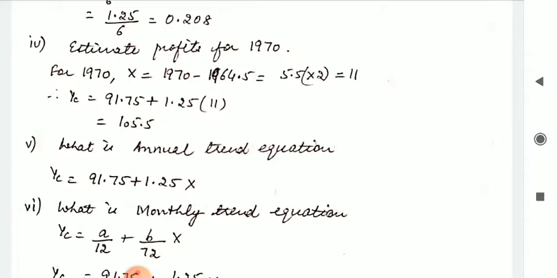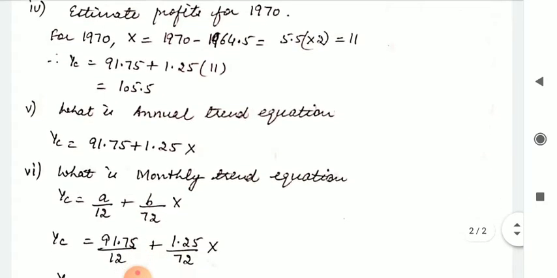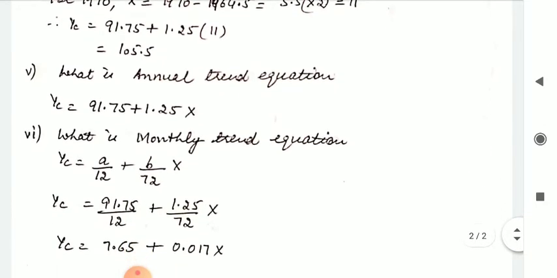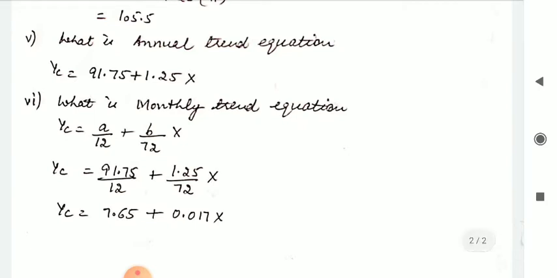So for this very year 1970 also we multiply by 2, and therefore we finally get the answer 11. So we put the value YC is equal to 91.75 plus 1.25 into 11. This is 105.5.